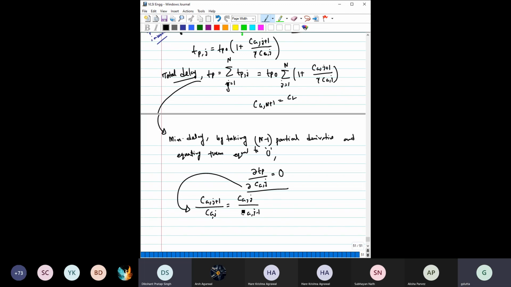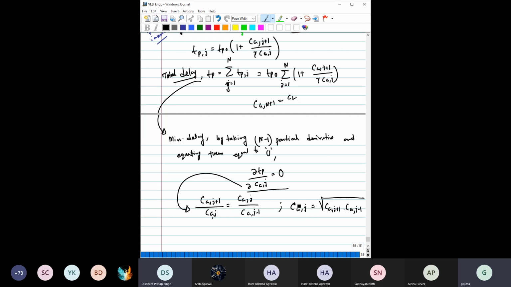Only the term associated with this would remain. So from here you can see CGJ plus 1, this is just one simple thing you need to understand, and once you understand it you will remember it for lifelong. So what should be the criteria for minimum delay?